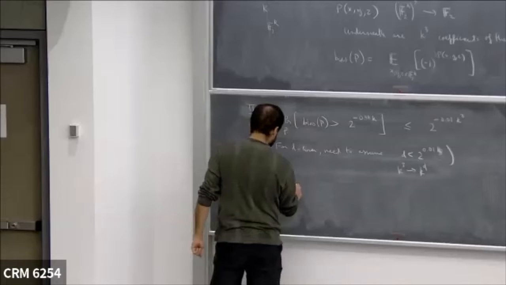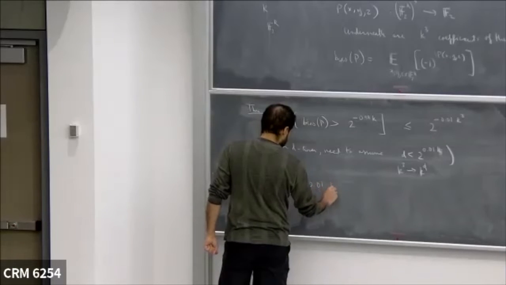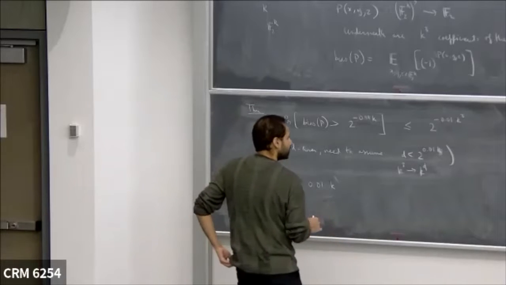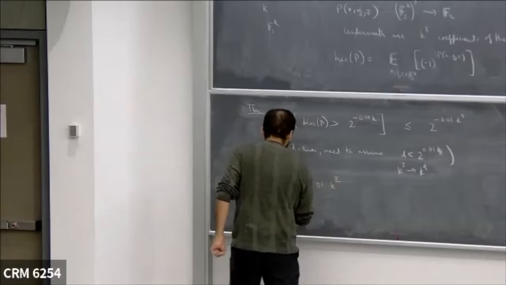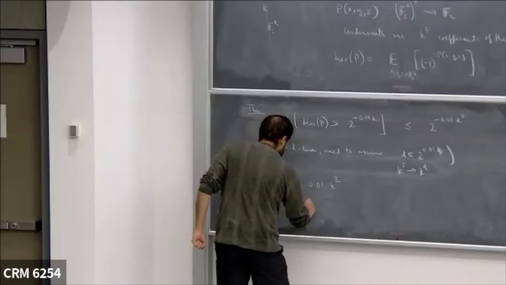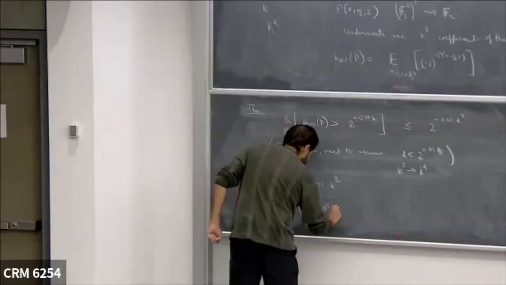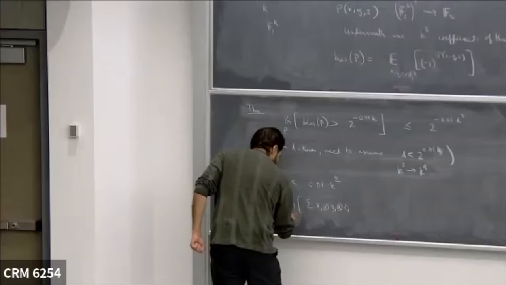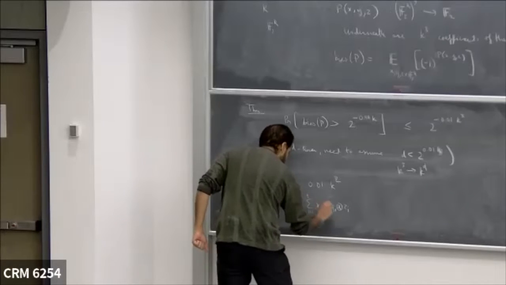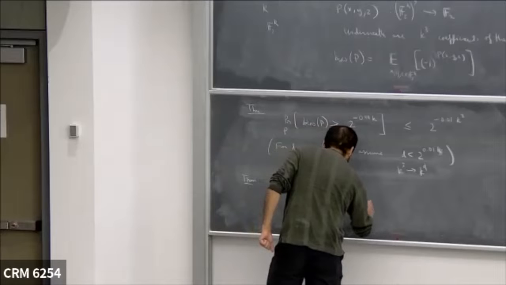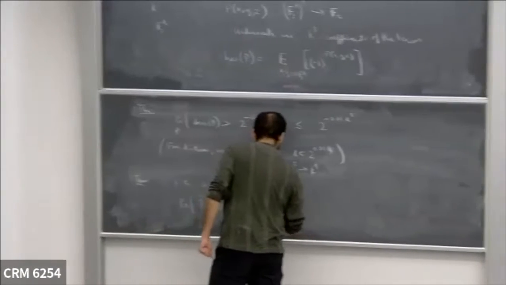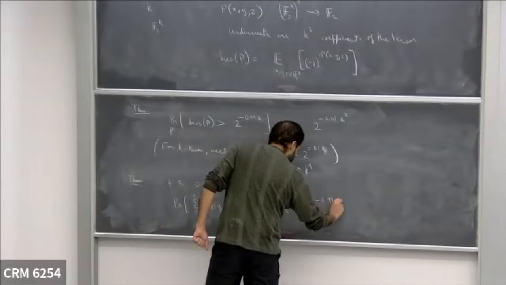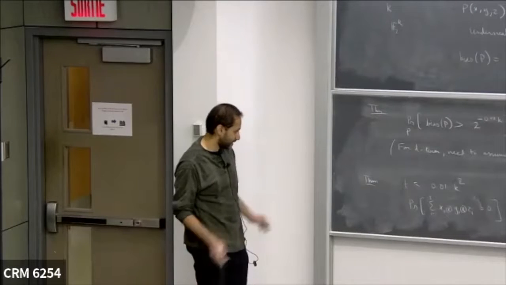So if t is less than 0.01 k square, then the probability that the summation of xi tensor yi tensor zi, over uniformly random choices, for i going from 1 to t, is equal to 0 is at most 2 to the minus 0.99 times k times t.